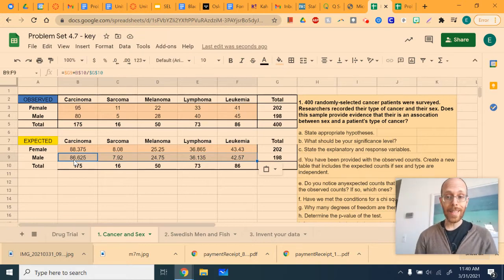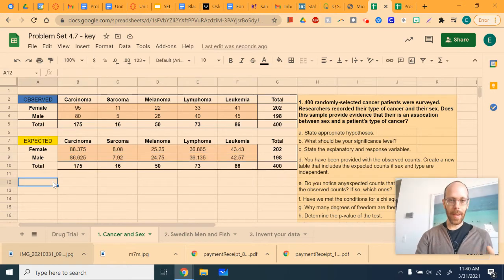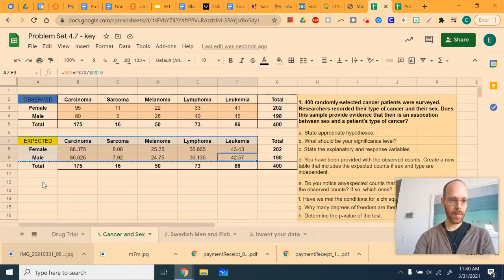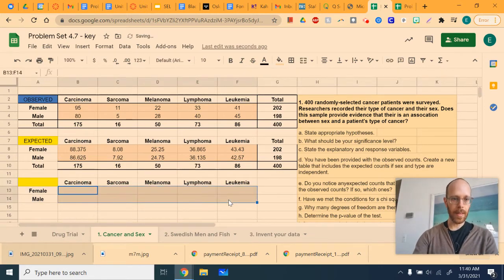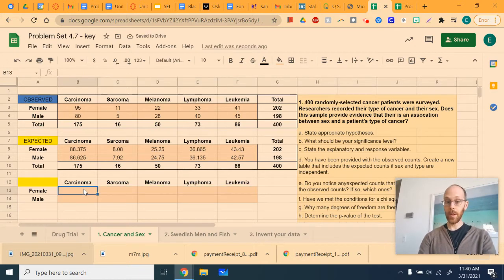Okay, so when you're getting expected counts, you have your choice. You can either use that formula that I just showed you, or you can do them one at a time. It doesn't really matter. All right, now, from there, there's two ways you can go about running the test. One is this. Let me copy this again. So one thing that we could do is we could get the partial sums that go in each space.